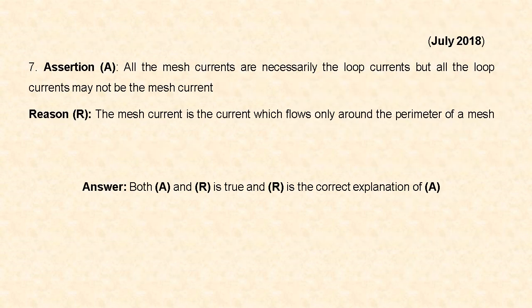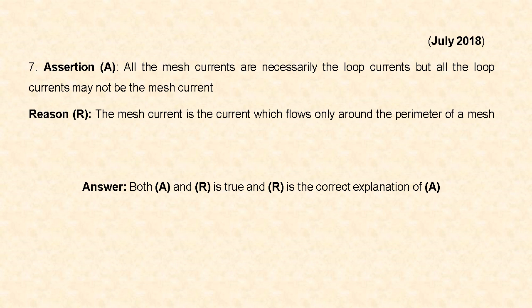Next question, assertion and reason type. This question was asked in July 2018. First assertion, all the mesh currents are necessarily the loop currents, but all the loop currents may not be the mesh current. Reason, the mesh current is the current which flows only around the perimeter of a mesh.